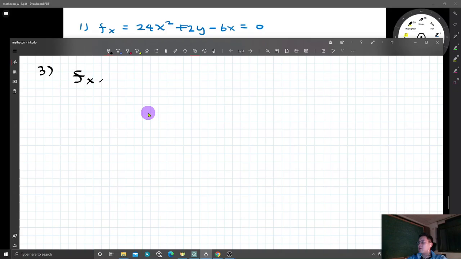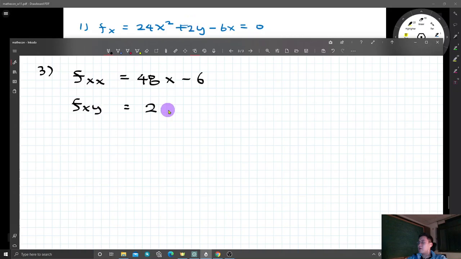The first term is a variable, whose derivative is 48x; 2y is a constant; negative 6x is a variable, whose derivative is negative 6. Then f sub xy: taking the partial with respect to y, 24x squared is a constant, 2y is a variable whose derivative is 2, and negative 6x is a constant. So f sub xy is equal to 2.